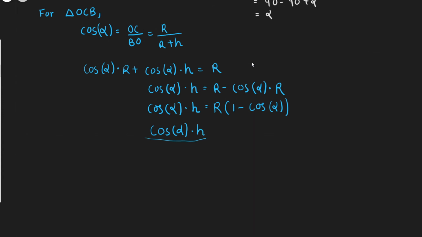So the value of R will become cos alpha into h divided by (1 minus cos alpha). So this is the equation for the radius of Earth.